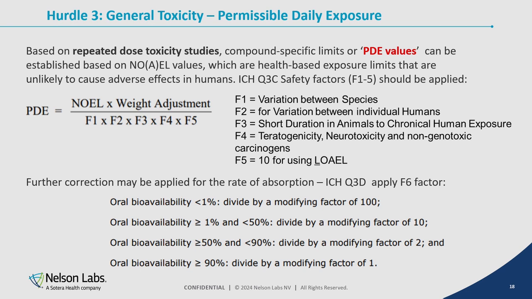Then ICH Q3D also says, well, this is for oral PDE calculations. In this case, we are talking about injectables. So if you have an oral dose, how much of this compound will go into systemic circulation, into the bloodstream, affecting all organs? So that's something you have to take into account.